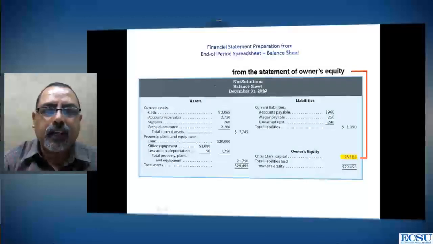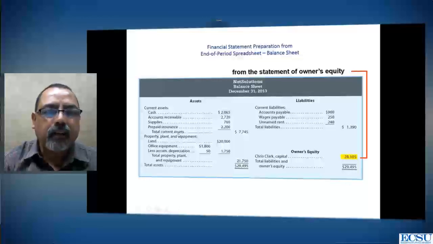In this chapter we will prepare a classified balance sheet. Under it, you can see we have a subheading under the assets, current assets. Under current assets, we'll put all those assets that give you a benefit for a period of 1 year or less, starting with cash and accounts receivable, supplies, prepaid insurance, and if a company has inventory, that will be part of current assets as well.